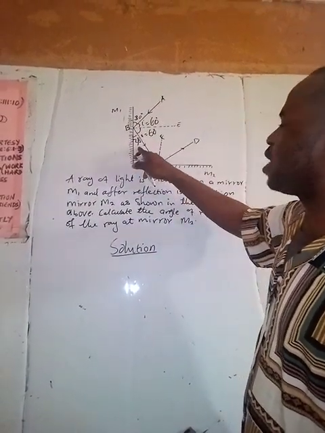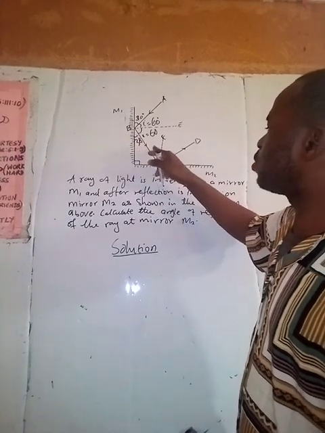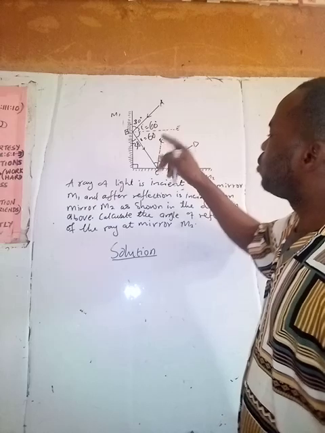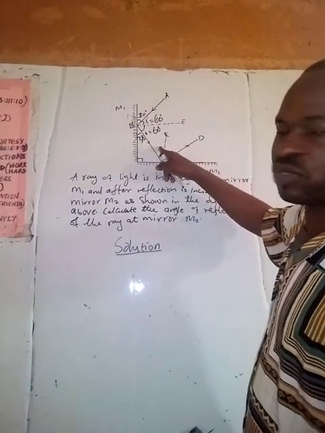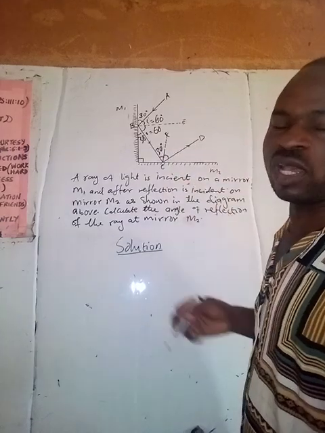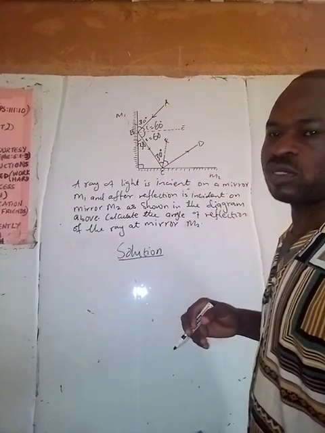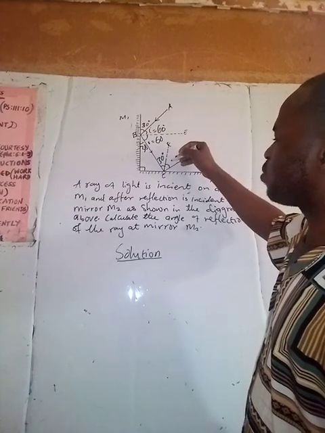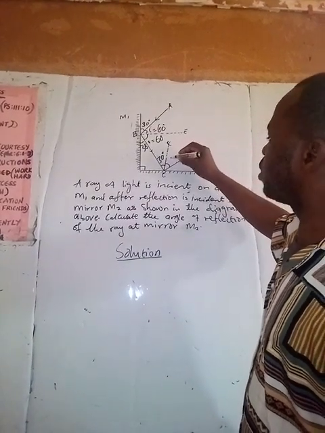And if this angle is 30 degrees, it means this angle alternates this one. From the law of line geometry, we know that this angle alternates this one. So if this one is 30, this one is going to give 30. That's the new angle of incidence, 30 degrees. So if this one is 30, this one is going to give 30 as well. Why?